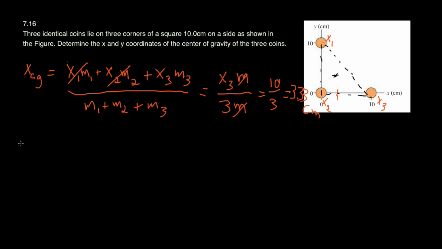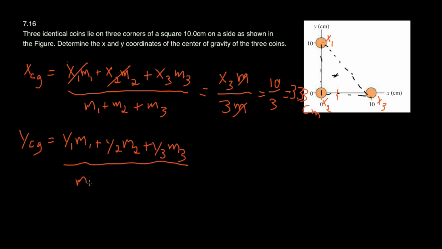So let's do our y center of gravity. So our y center of gravity is going to be the same deal. It's going to be y1 times m1 plus y2 times m2 plus y3 times m3 all over m1 plus m2 plus m3.